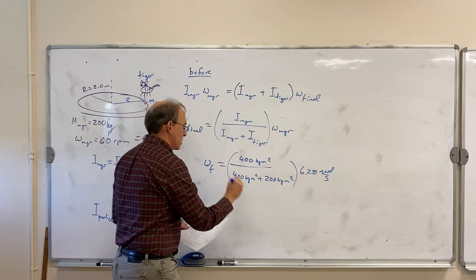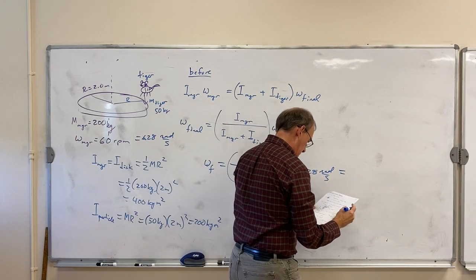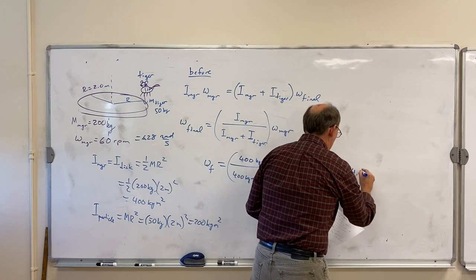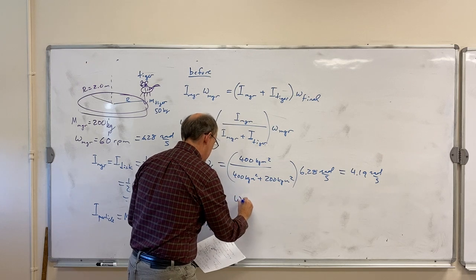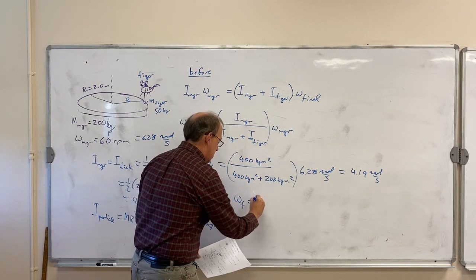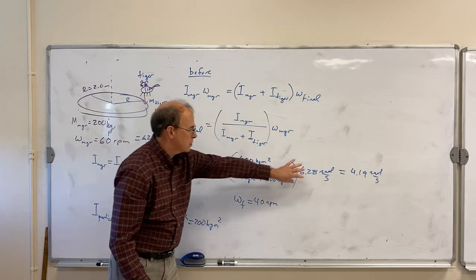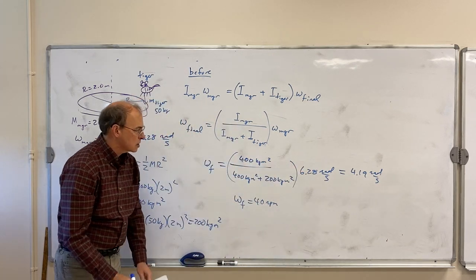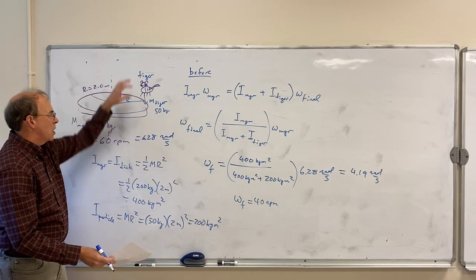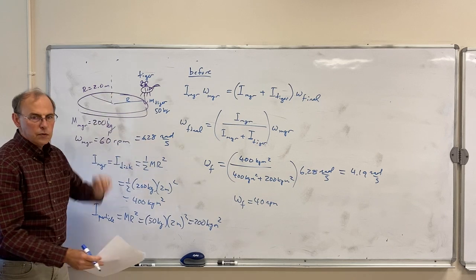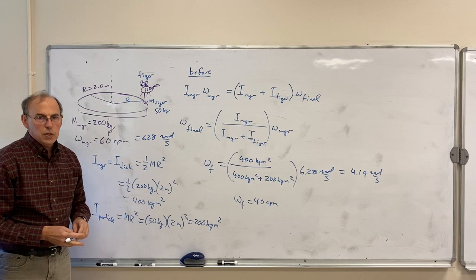Omega final is this, which gives me 4.19 radians per second, which is just 40 RPM, which is what I would have gotten if I just put 60 there and multiplied. So sure enough, it was going 60 RPM. We dropped the tiger on it. It slows down to 40 RPM from conservation of angular momentum.